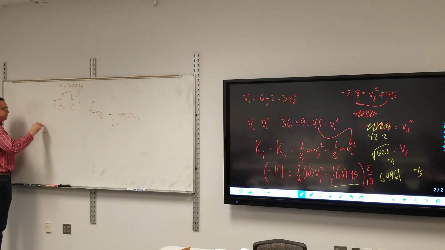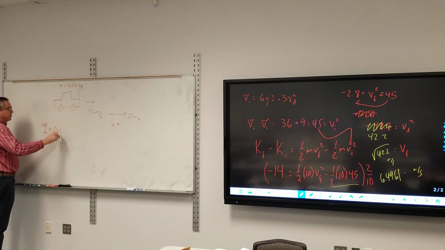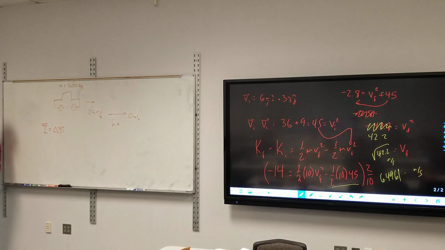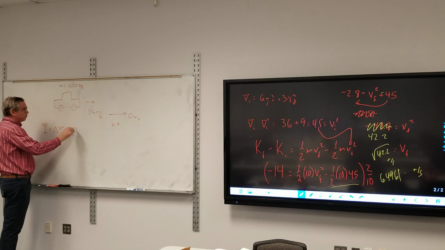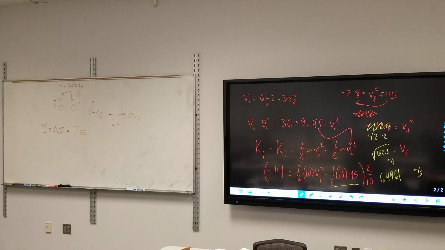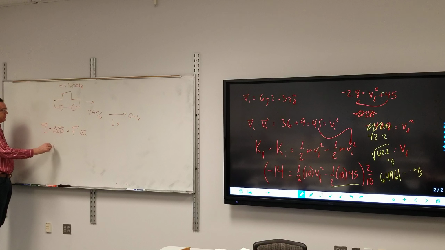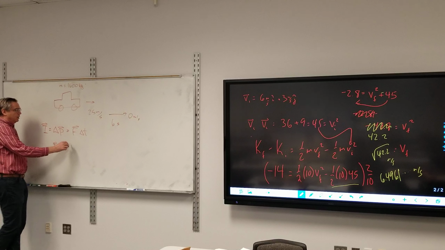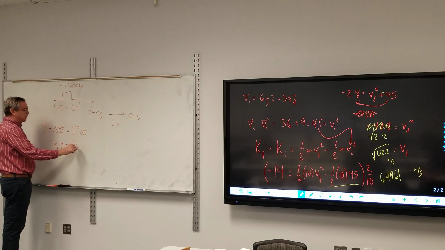I know impulse is equal to the change in momentum. It's also equal to force times time, assuming force is constant. Change in momentum, P final minus P initial, is equal to force times time.